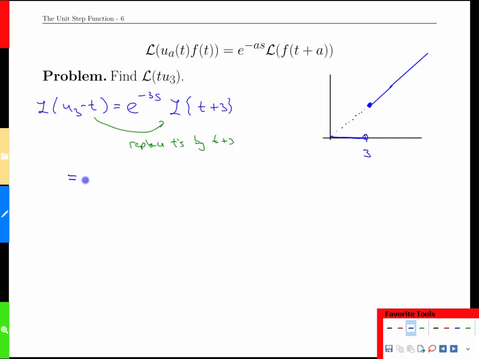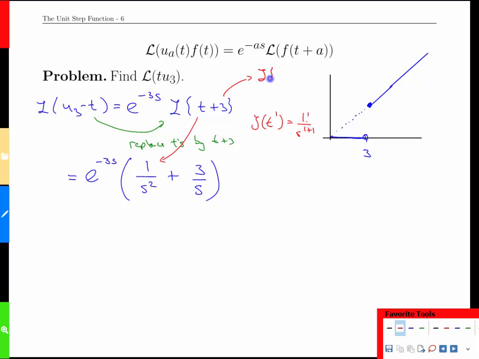Once we've done that, though, we just keep going: e to the negative 3s, and we take the transform of t plus 3. Each of those is in the table as an individual element, and because it's linear, we can do each one separately. The transform of t, which is t to the power 1, is 1 factorial over s to the 1 plus 1, and the transform of 3 is just 3 over s, 3 times the transform of 1.